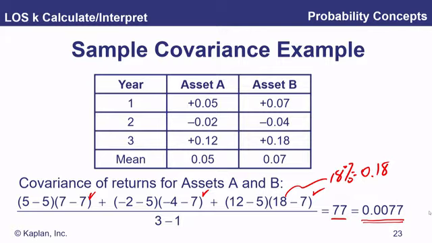And you can think about the units: returns are in percent. Well, 1% is 0.01. And if we square that, we get 0.0001. And if we do 77 of those, that's what we get, 0.0077. So that's the relation between those two, just so that doesn't confuse you at some point.